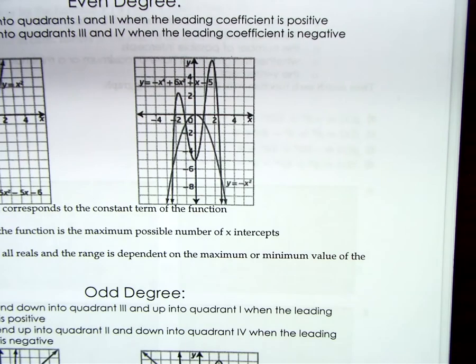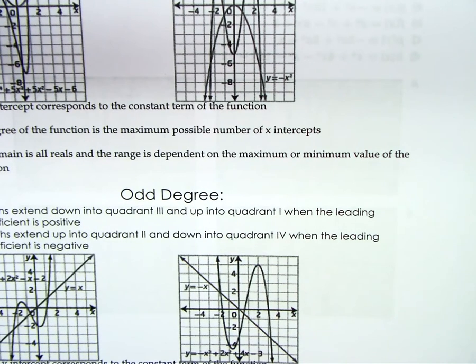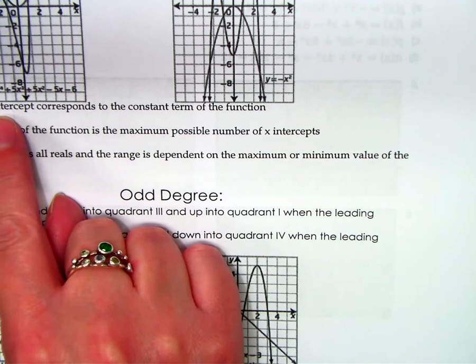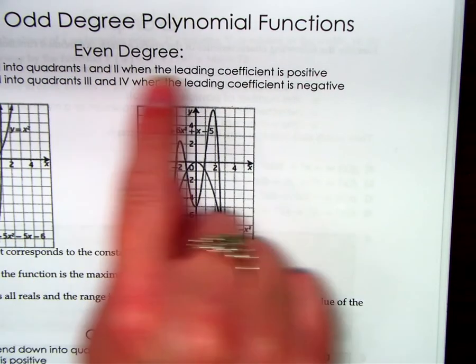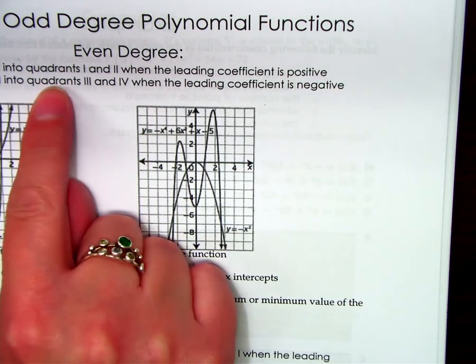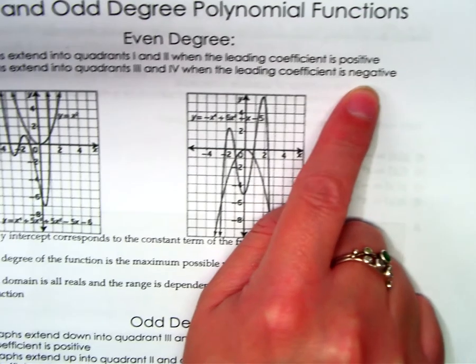Okay, this is the exact same stuff we just went over, so I don't know how important it is, but this is all summarized for you. So graphs extend quadrant 1 and quadrant 2 when the leading coefficient is positive. Graph extends into 3 and 4 when the leading coefficient is negative. That's on even degrees.